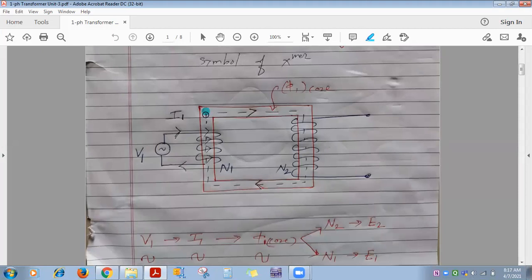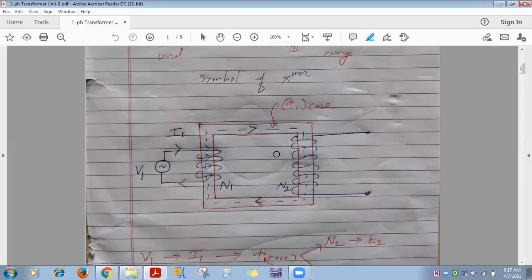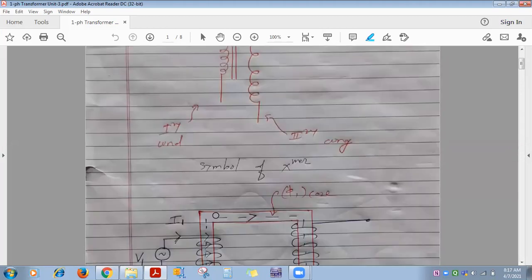See here, this is the square or rectangular silicon steel core, a magnetic material. Why are we using a core of magnetic material?